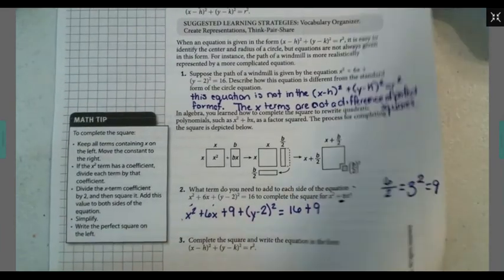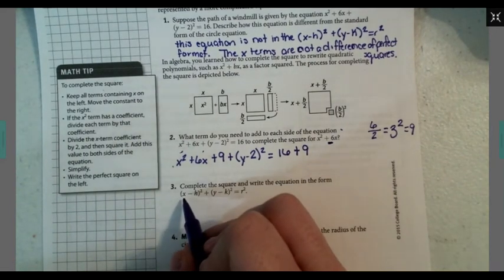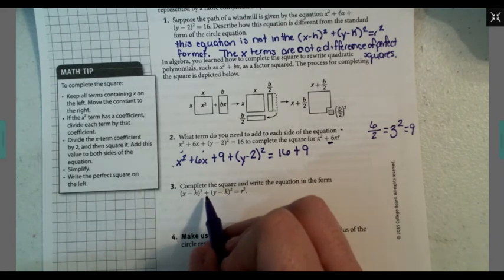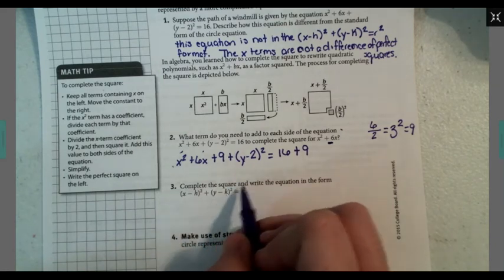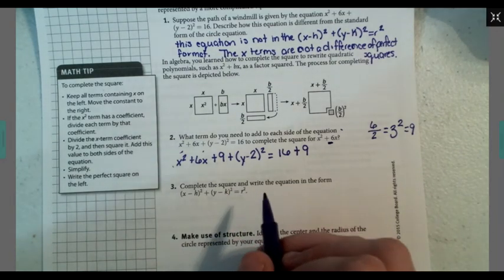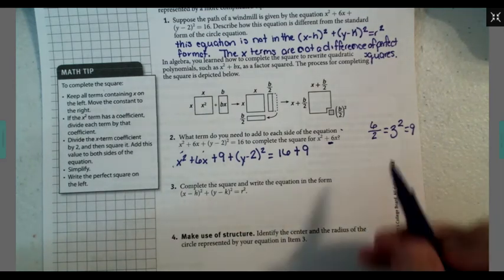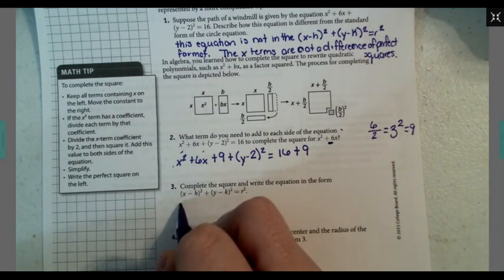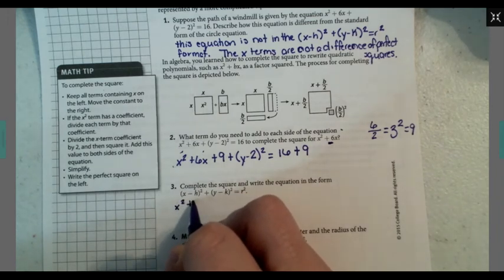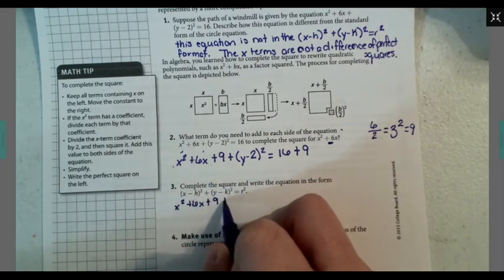It says complete the square and write the equation in the form x minus h to the second power plus y minus k to the second power equals r to the second power. We said we were going to add 9 to both sides, right?